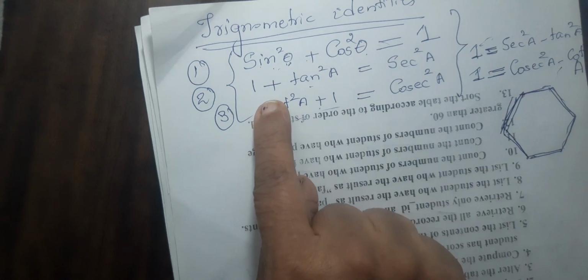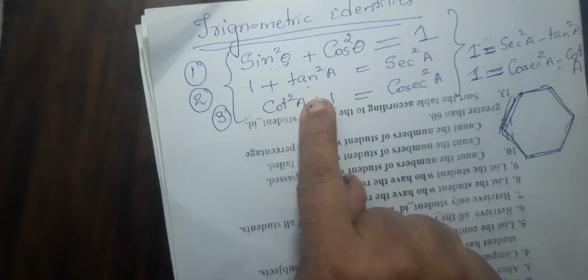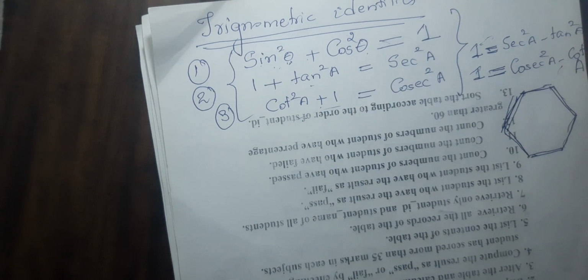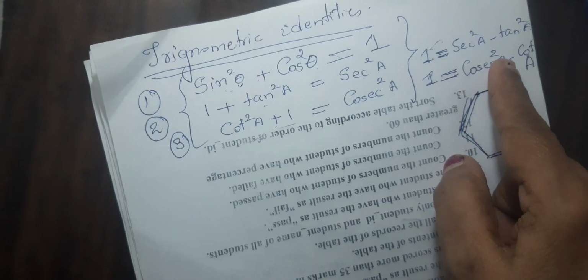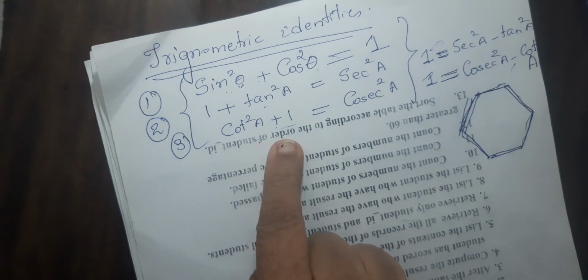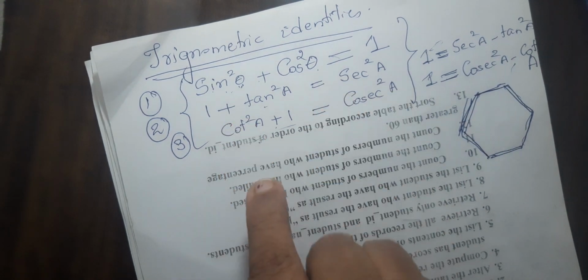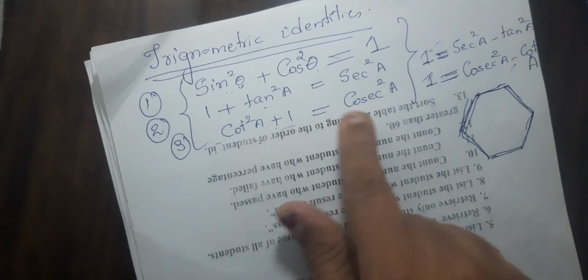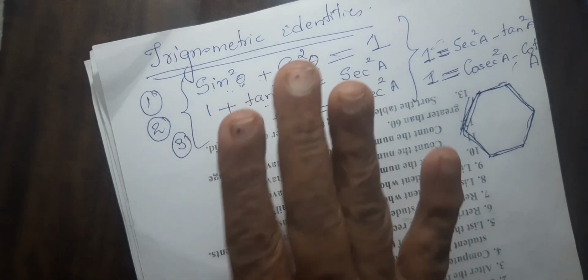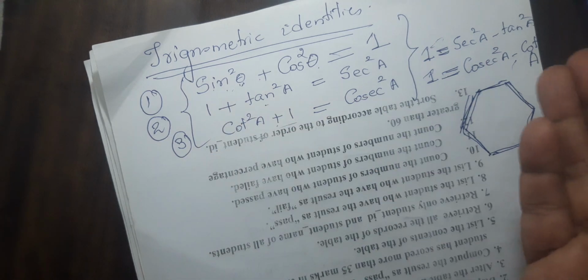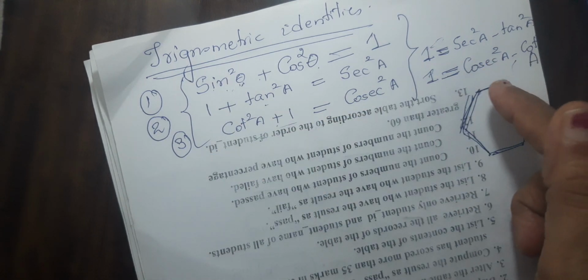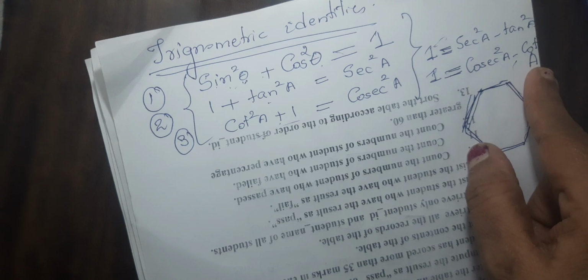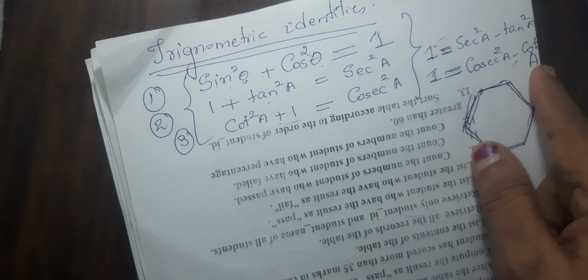In the third one, the main identity is cot squared A plus 1 is equal to cosec squared A, and in that also we can keep 1 on one side and shift the other term to the other side. So 1 is equal to cosec squared A minus cot squared A. It can be written like that, okay.